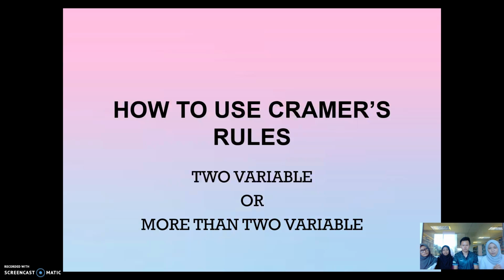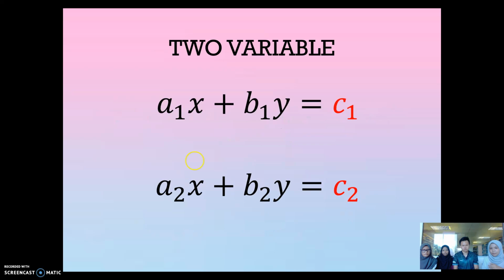Okay, let's go to how to use Cramer's rule. Cramer's rule can be used with two variables or more than two variables. So the coefficients of variables x and y use subscripted a and b respectively, while the constant term uses subscript c. Both denominators in solving x and y are the same.